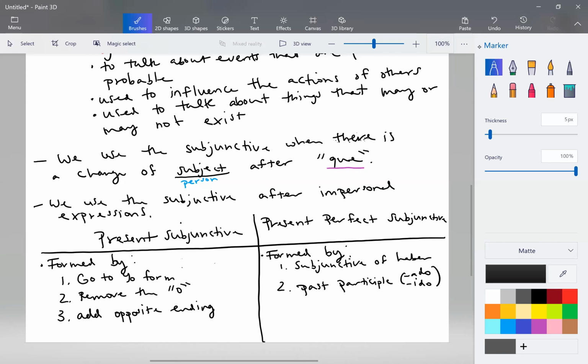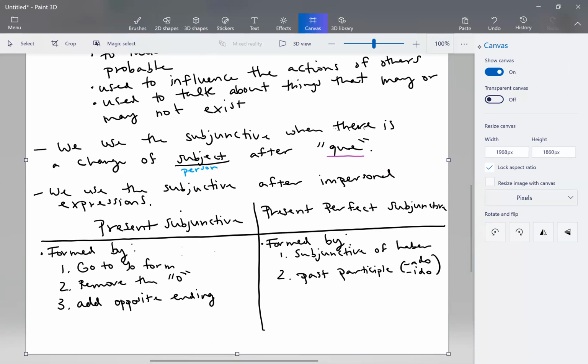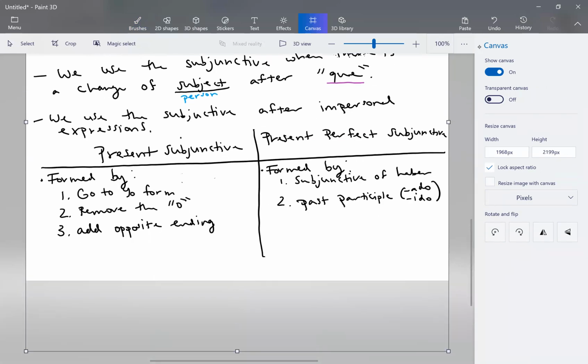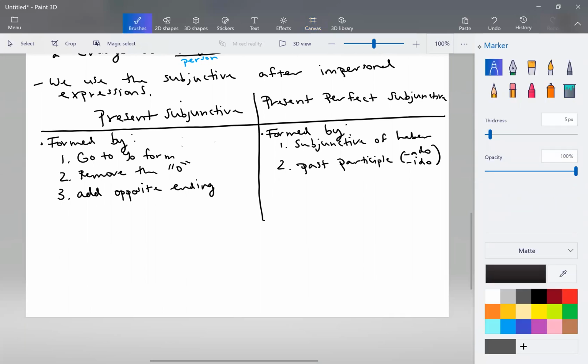Okay, so we have used both of these so far. And we've used this one to influence. And we've used this one to react.